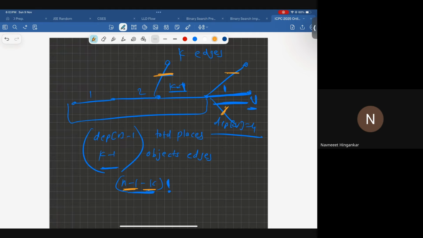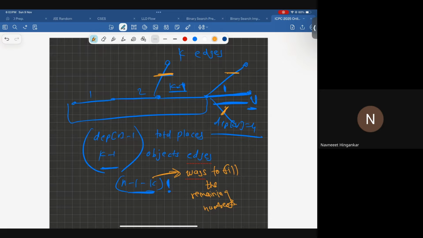So n minus 1 minus k factorial is the total number of ways to fill the remaining numbers. So this was the one thing, ways to fill the remaining numbers.